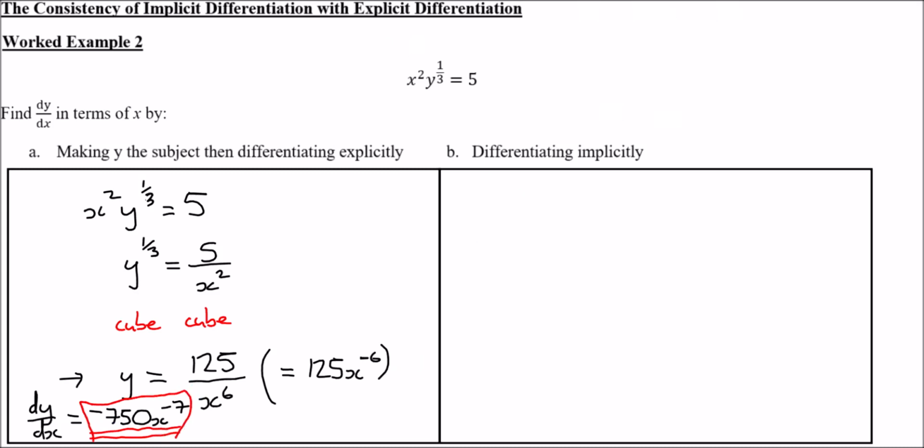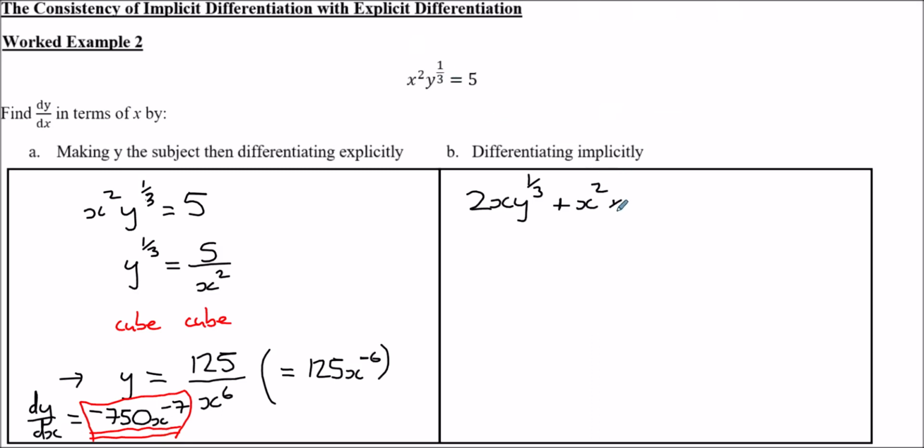So differentiating implicitly. So what we need to do here is differentiate both sides with respect to x and then rearrange. And so first of all, using the product rule, so differentiate x squared first. I get 2x, leave y to 1/3 alone. And then x squared, leave that as it is, and differentiate y to the 1/3.